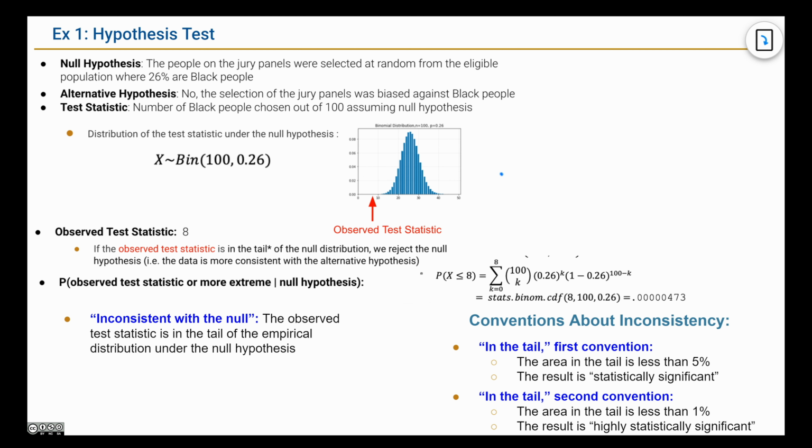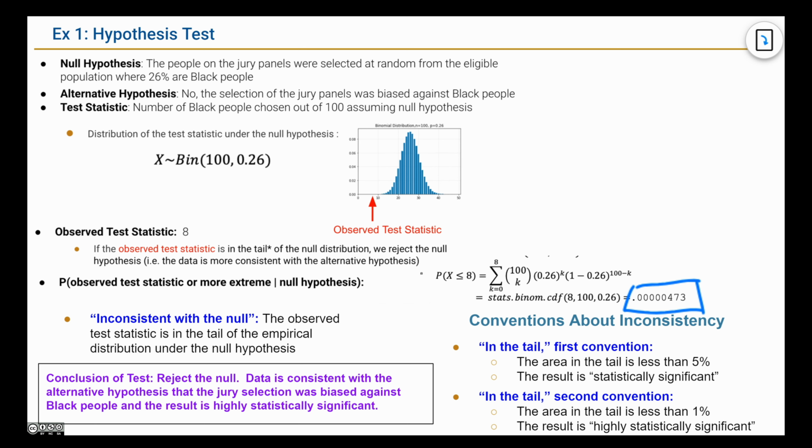The second convention is if that area, meaning the area from your observed test statistic in the direction more extreme, the direction of the alternative, is less than 1%, we say the result is highly statistically significant. That's what we have in this case. Our area in the tail is definitely way less than 1%, and so we reject the null.